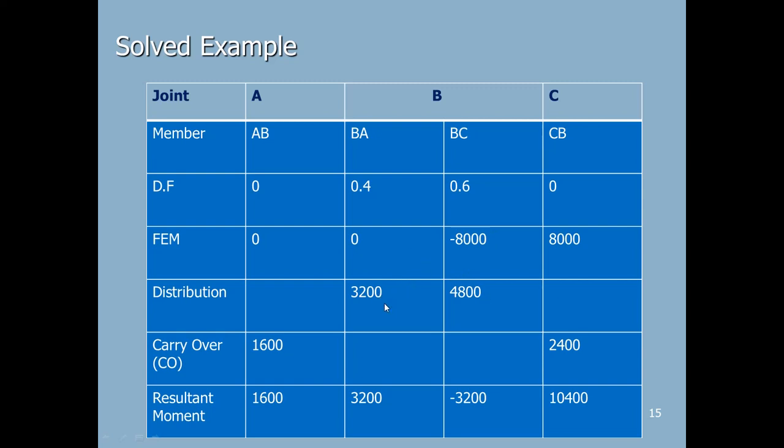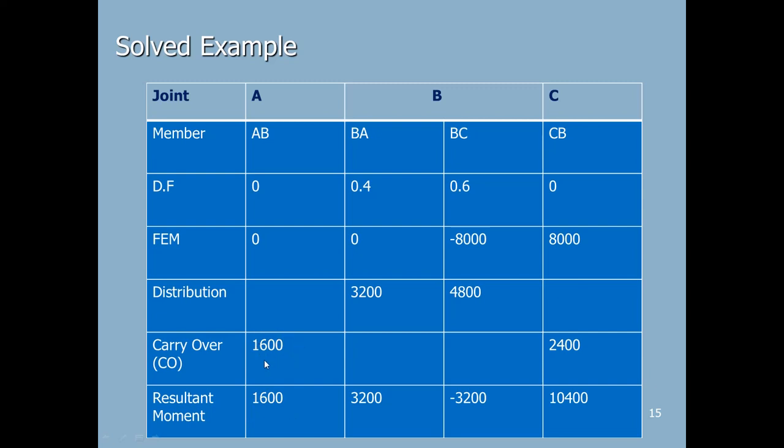So 8000 multiplied by 0.4 for BA comes here, 8000 multiplied by 0.6, the distribution factor for BC, will come here. Then after distribution we go to the step of carryover. So from BA half of that moment will go to AB, and from BC half the moment will go to CB, that is 2400. At the end we have to take the algebraic sum of all these moments, starting from fixed end moment, distribution, carryover, and then finally this value.